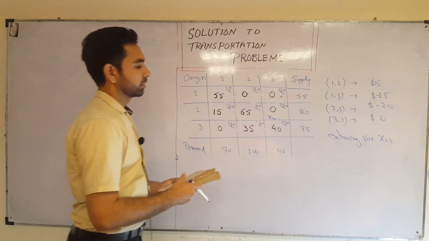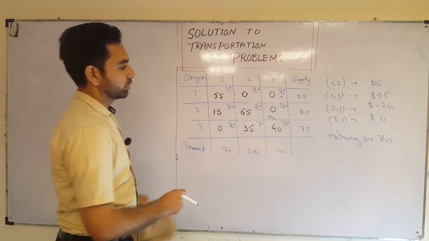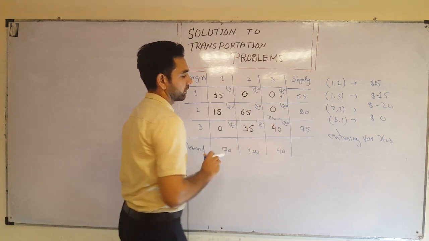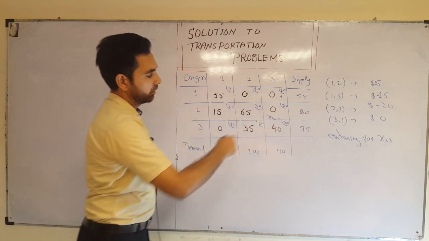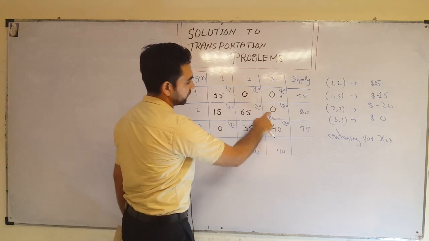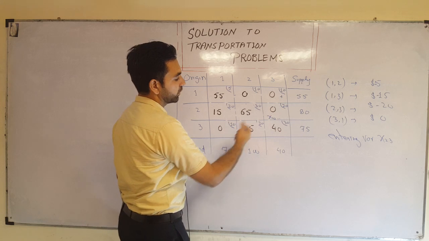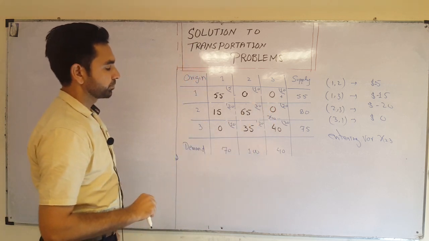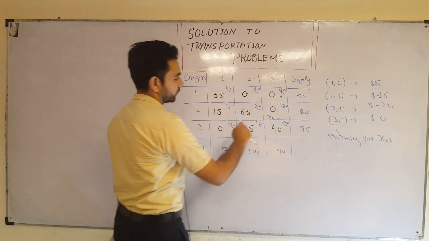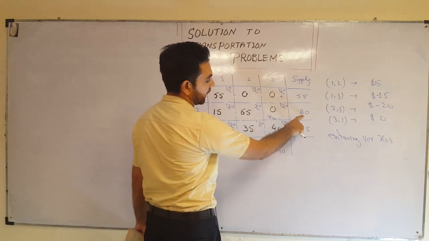And how much can you put here? Now for 0, there is no number, or 0 is the number. So how much value can you add in here? If you look at this one, the supply is 80.